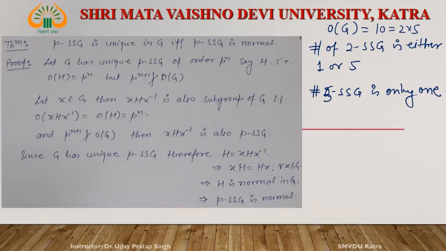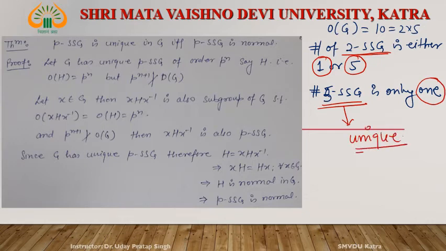Okay, see here, the 2 Sylow subgroup is either 1 or 5, but the 5 Sylow subgroup is 1, which means this 5 Sylow subgroup is unique.